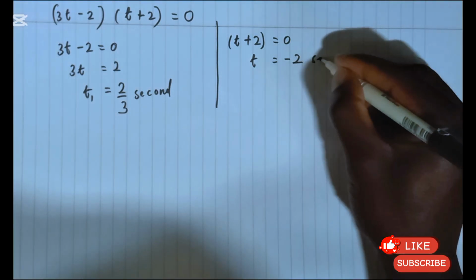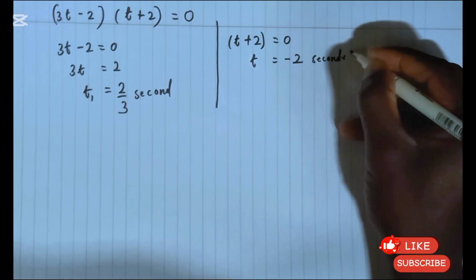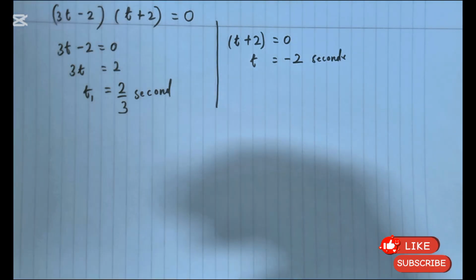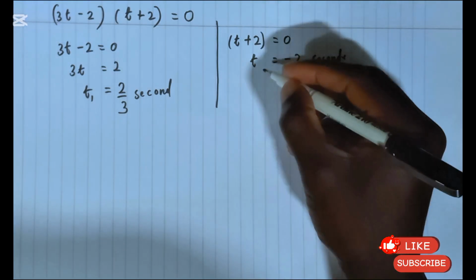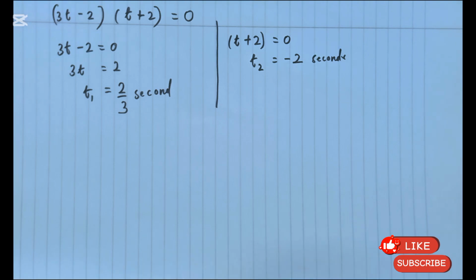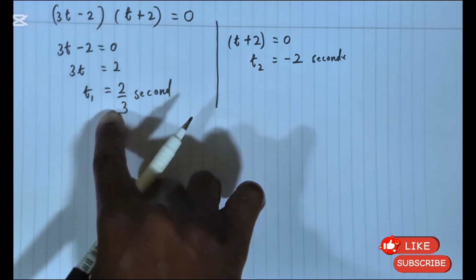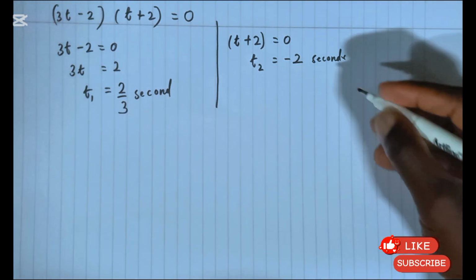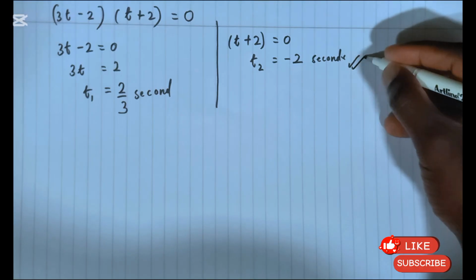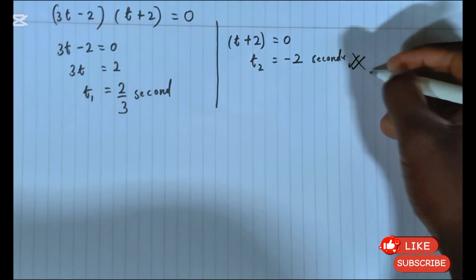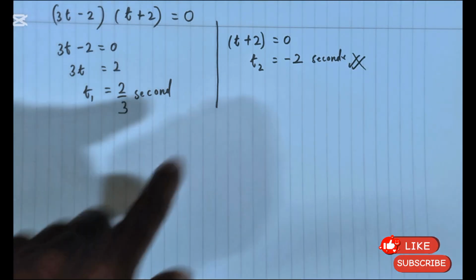We know very well that we will never have time measured in negative numbers. So of the two values of t, t1 and t2, we won't pick t2, because it's measuring time as a negative number.